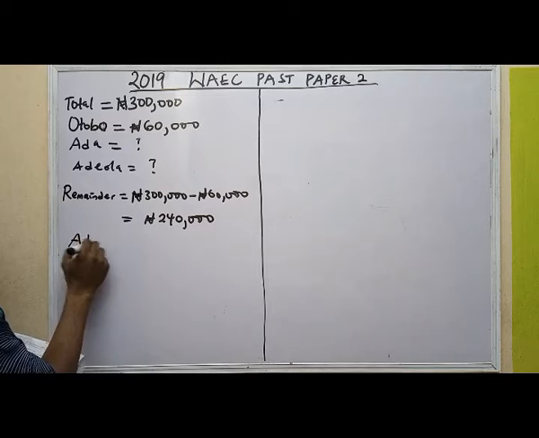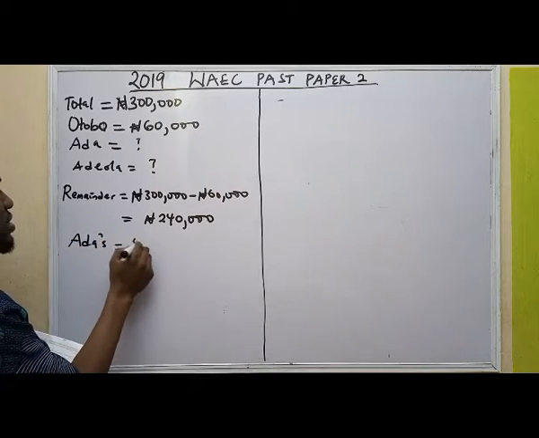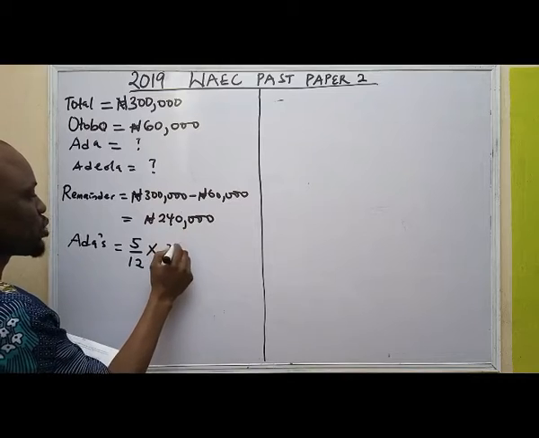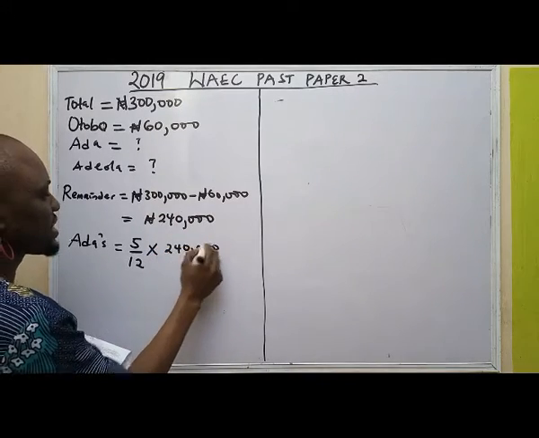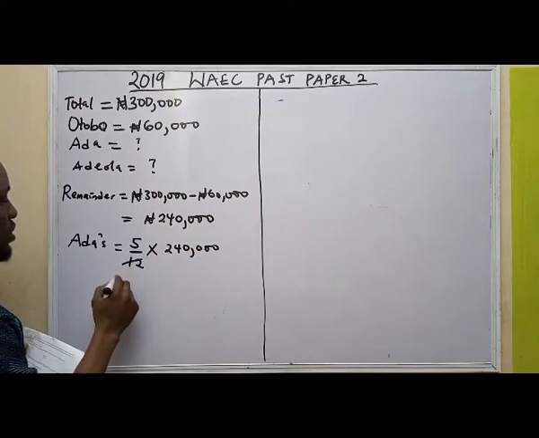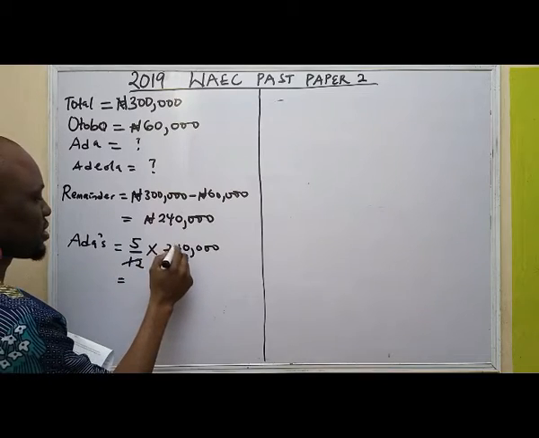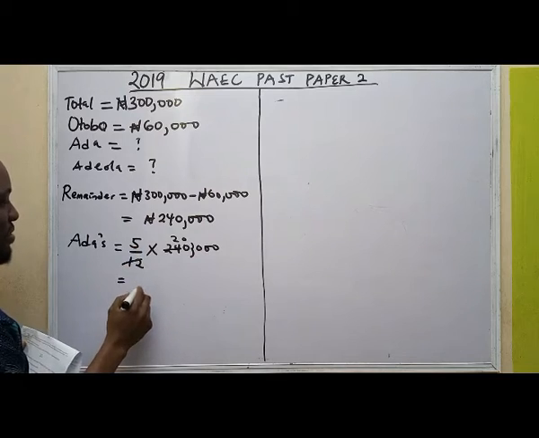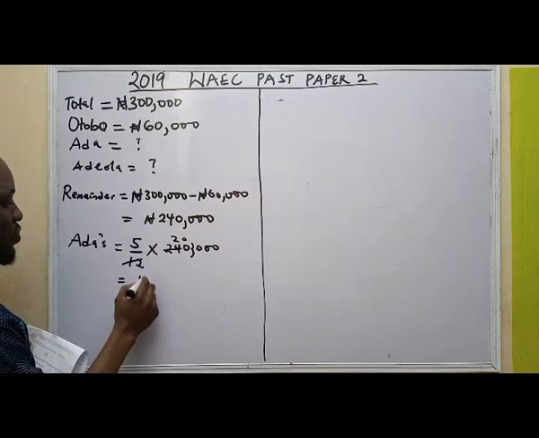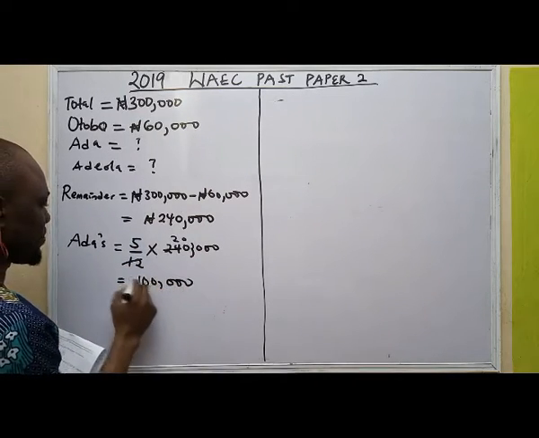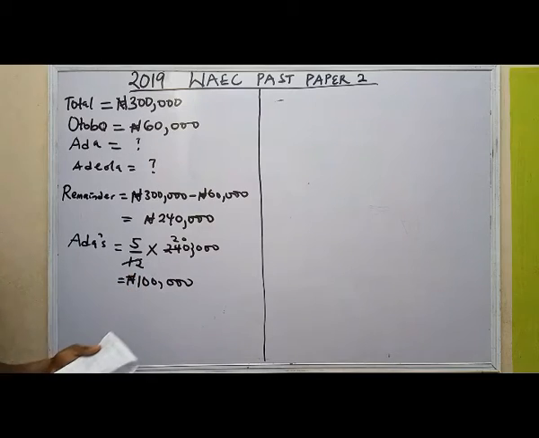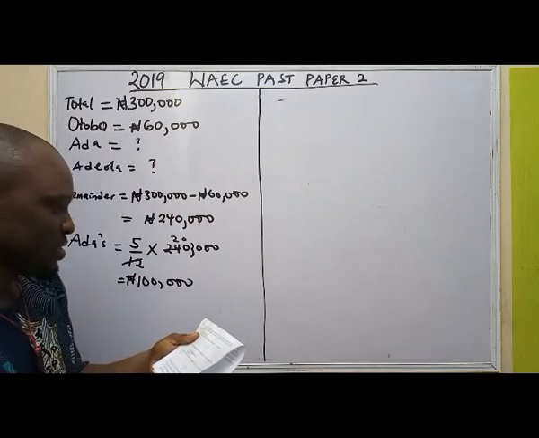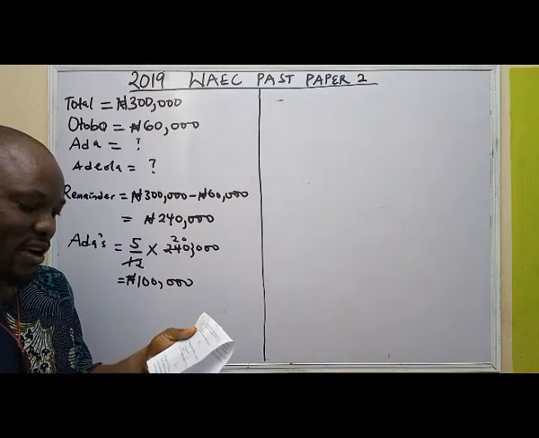Ada's share will be 5/12 times 240,000. If I reduce this to the lowest term, 20,000 multiplied by 5 gives me 100,000 naira. That's very simple to do. So Ada receives 100,000 naira.